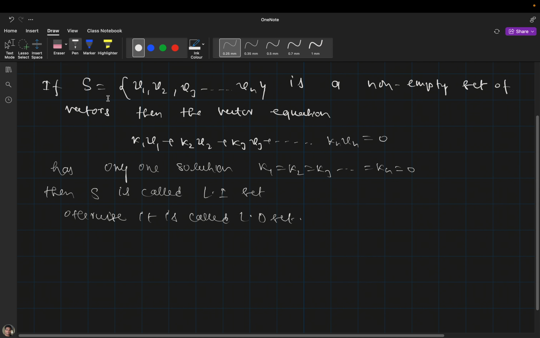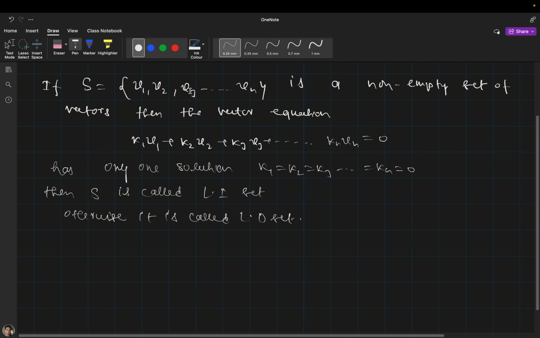What I'm trying to say is, suppose there is a set, okay, and in that set there are n vectors, v1, v2, v3, dot dot dot vn. And if we can write it in the form of k1 v1, k2 v2, dot dot dot equal to 0, where k1, k2, k3 are scalars, and after solving this equation, if we get only one solution like this, I mean k1 equal to k2 equal to k3 dot dot equal to 0, then this set is called linearly independent set.